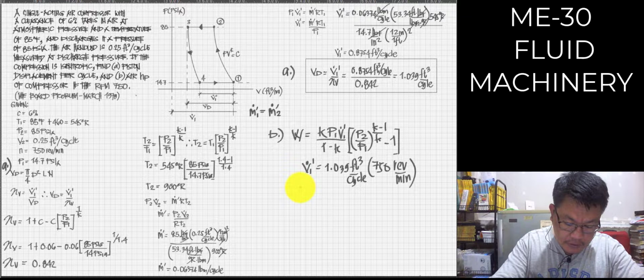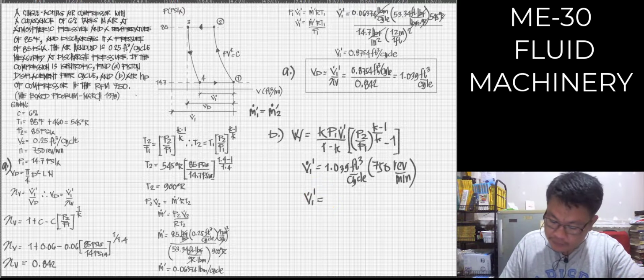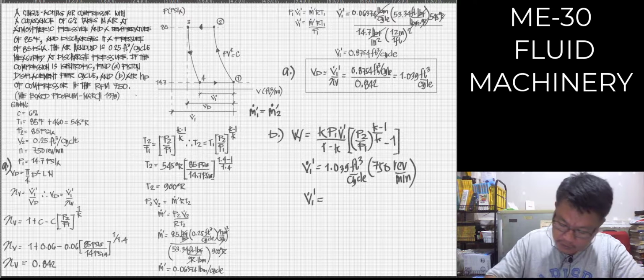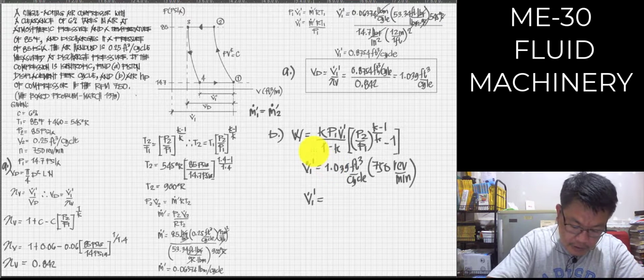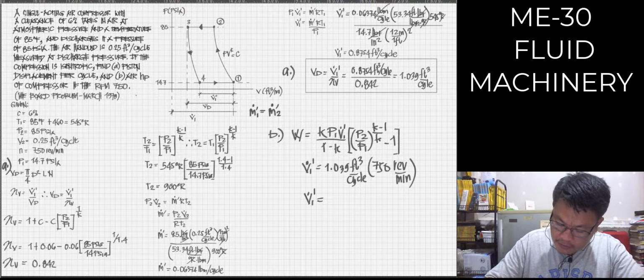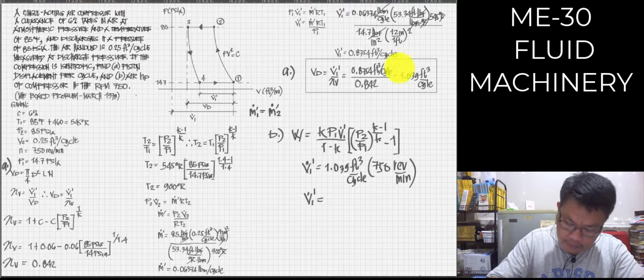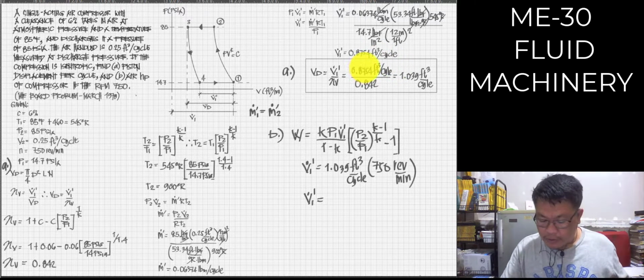So now our volume flow rate prime is equal to, okay, I forgot, this is supposed to be our volume of 0.754, so sorry about that.